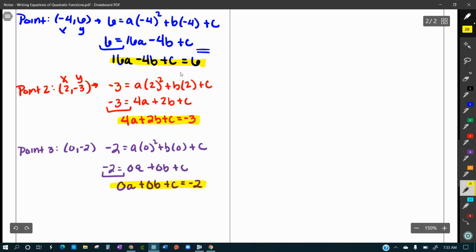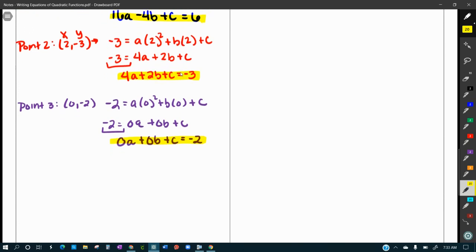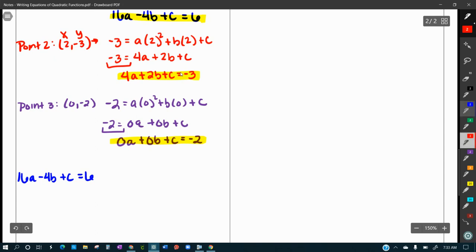So now that we have 3 equations, we're going to set ourselves up a system of equations in order to solve. The first one we had was 16a minus 4b plus c equals 6. The second one we had was 4a plus 2b plus c equals negative 3. And the third equation we had was 0a plus 0b plus c equals negative 2.